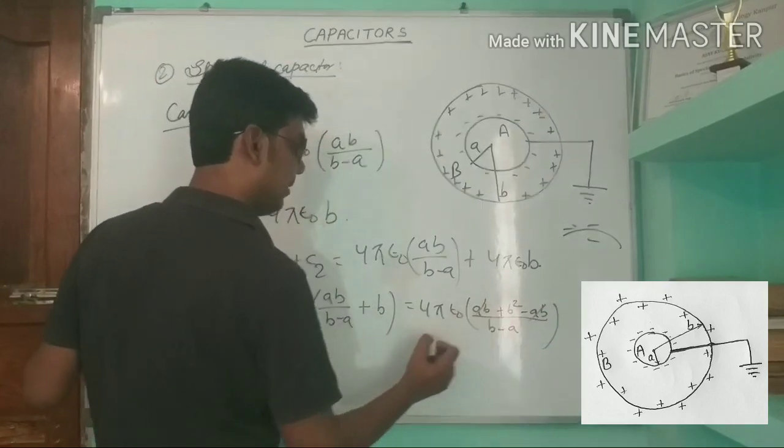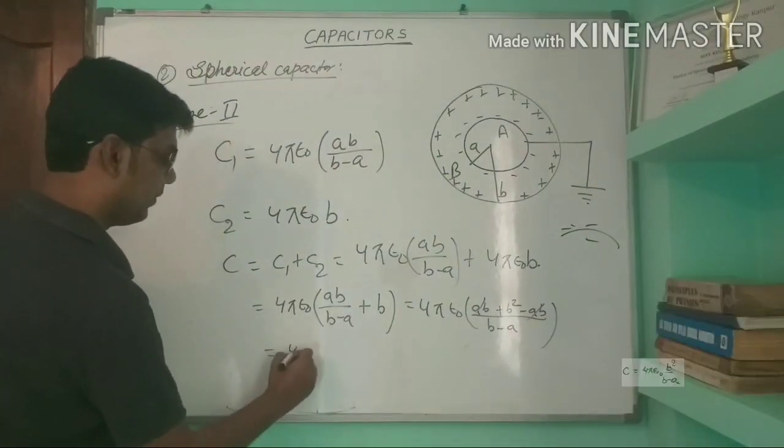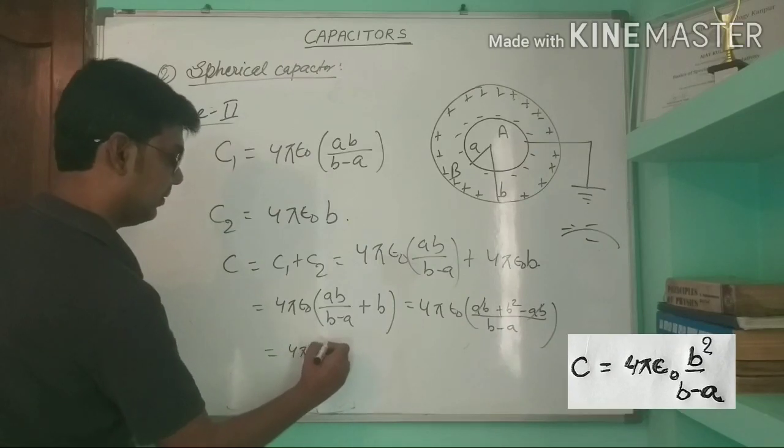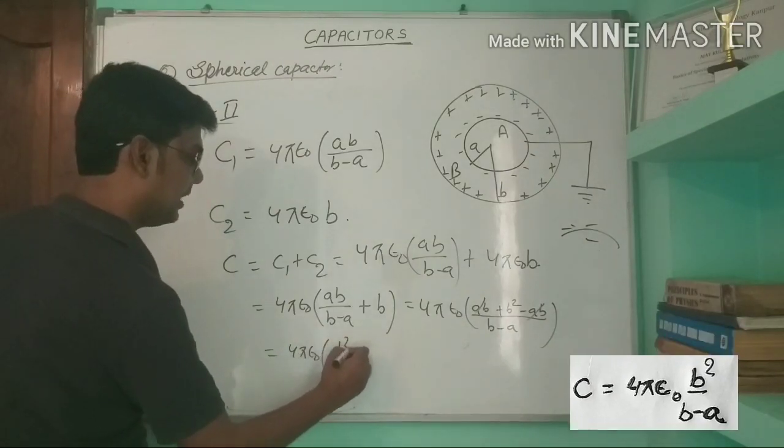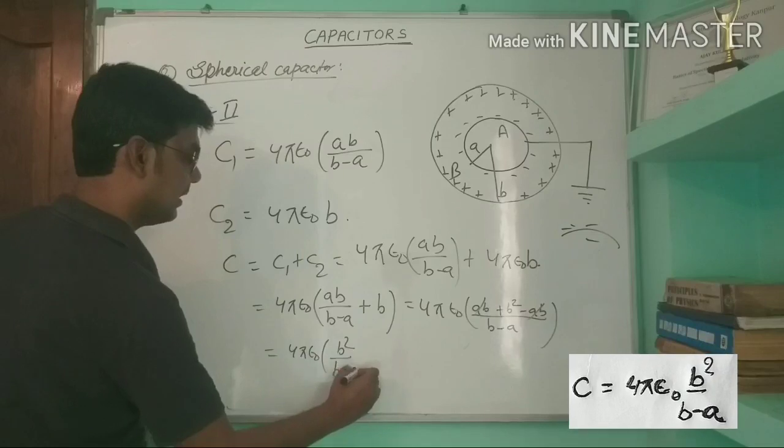So AB will be cancelled. So finally 4 pi epsilon 0 into B square by B minus A.